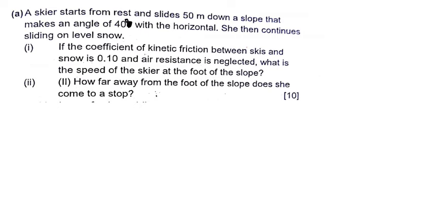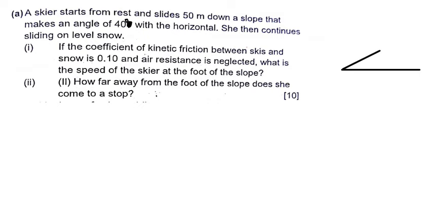Who understands this question before we solve? Anyone who can try? I think in this case you're supposed to draw an inclined plane. Okay, here is my inclined plane, sir.